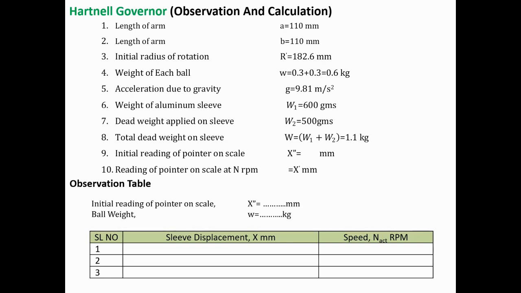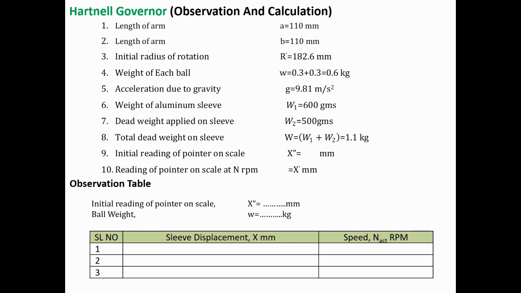Also given are the weight of each ball, acceleration due to gravity, weight of the aluminum slip, dead weight applied on the slip, total dead weight on the slip, initial reading of the pointer on the scale, and reading of the pointer on the scale at N rpm.